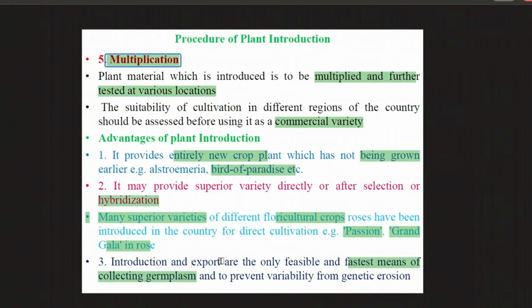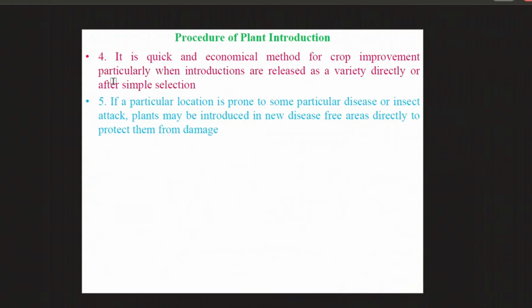And plant introduction is the quickest and most economical method of crop improvement, particularly when the introduced or released varieties are used directly after selection. And if a particular location is prone to some particular disease or insect attack, the plant may be introduced into a new disease free area directly to protect it from damage.